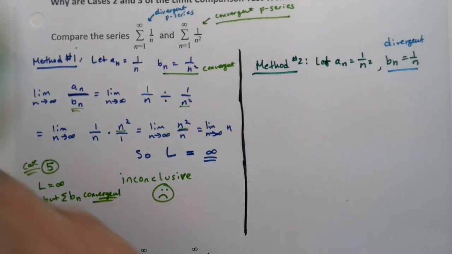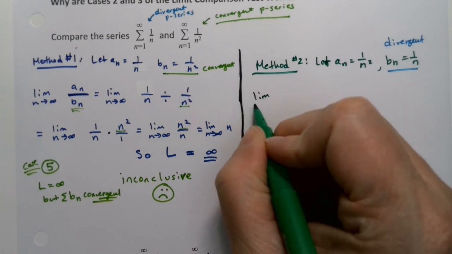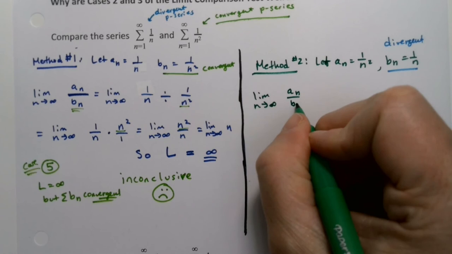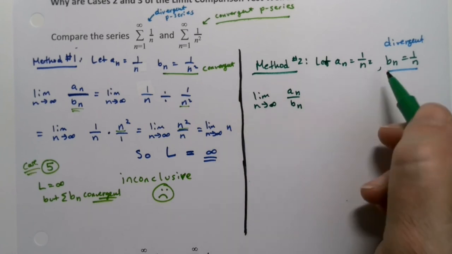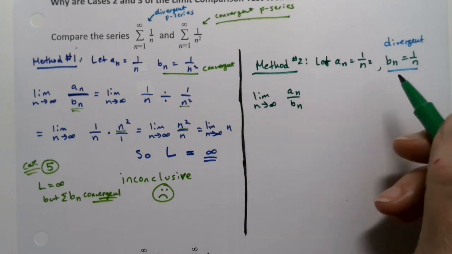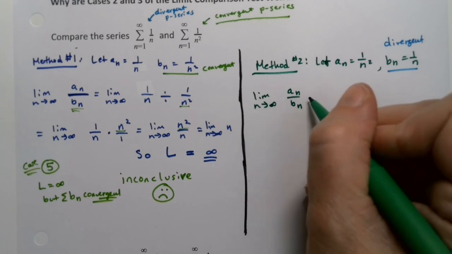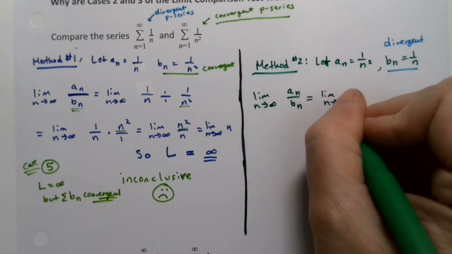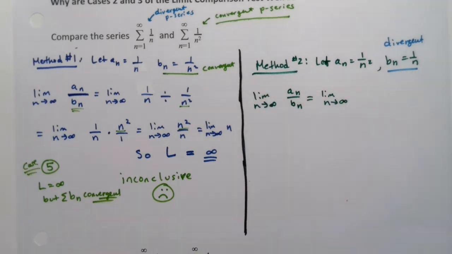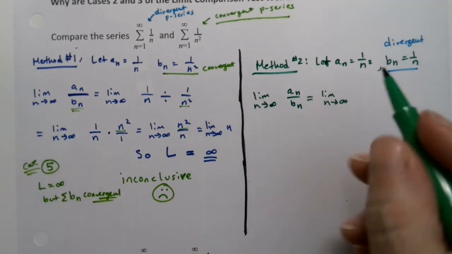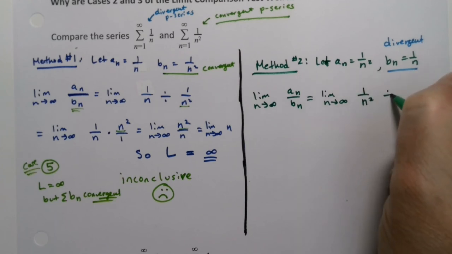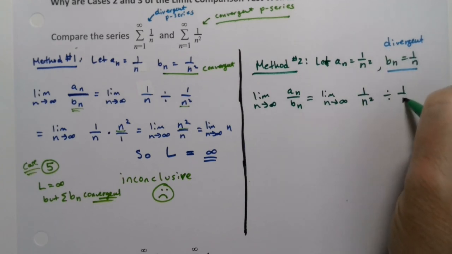All right, so now let's take the limit as n goes to infinity of a sub n over b sub n, as required by the theorem. But again, which one's a and which one's b is a bit arbitrary, as long as it works out the way you want in the theorem. So this is the limit as n goes to infinity of a sub n, which is 1 over n squared, divided by 1 over n.